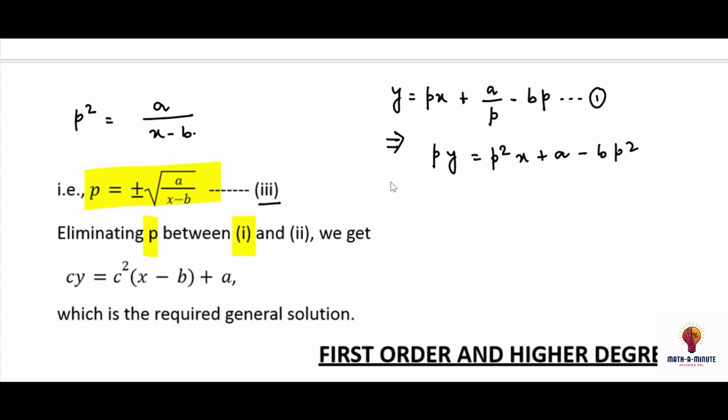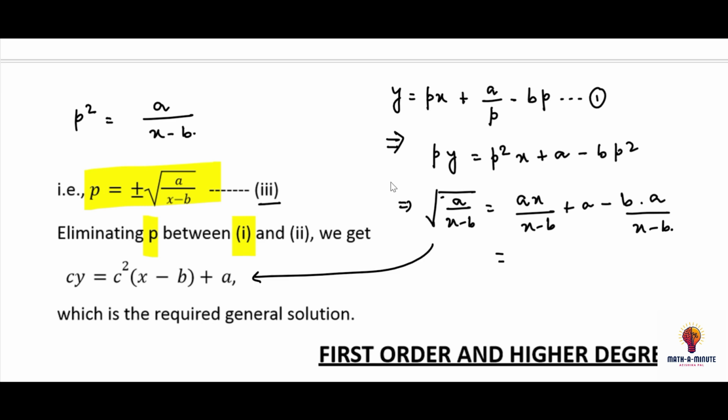So just put the value of p and p² in the equation. It will be the square root of a by (x minus b) times y equals ax by (x minus b) plus a minus b times a by (x minus b).